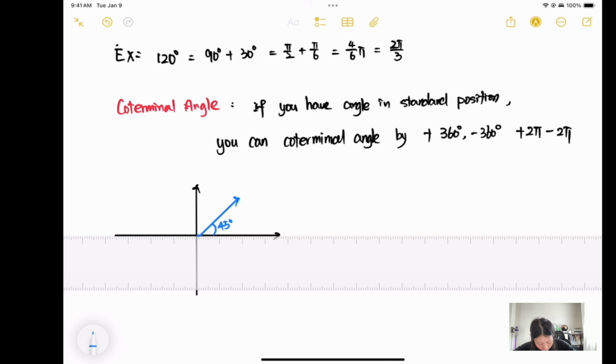So now I will get this one. I'm going to draw it smaller. Which is 405 degree is the coterminal angle of the 45 degree angle. Okay.